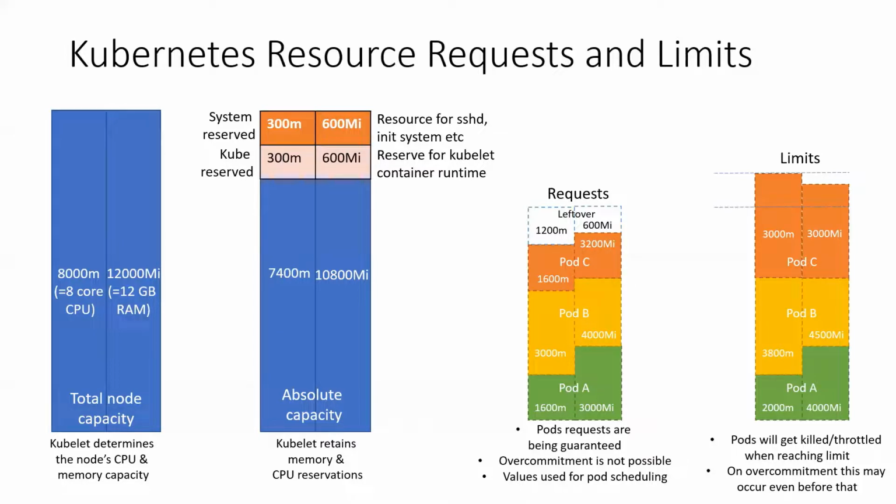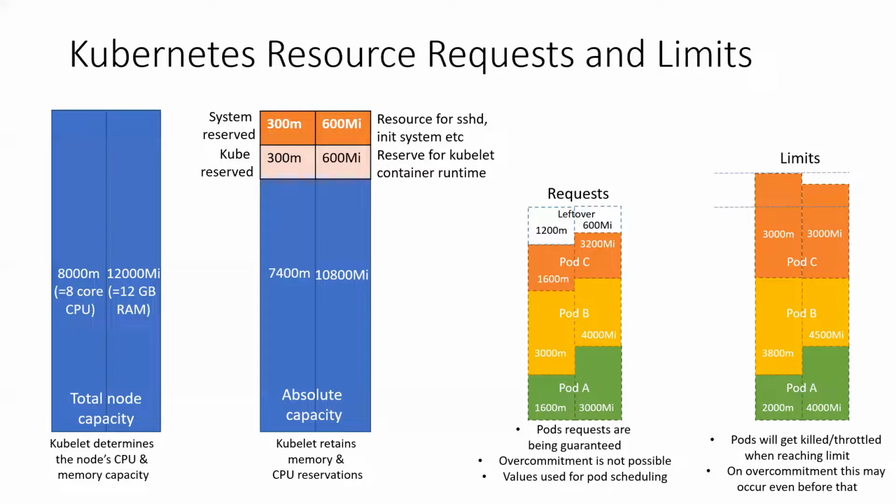This will be defined here, and once we subtract those values from the total number of CPUs or memory, the remaining will be counted as the absolute capability. With this only, we have to plan our capabilities always. We should not be overconfident with the complete numbers.